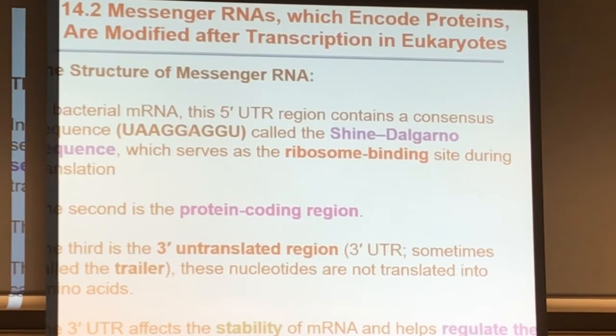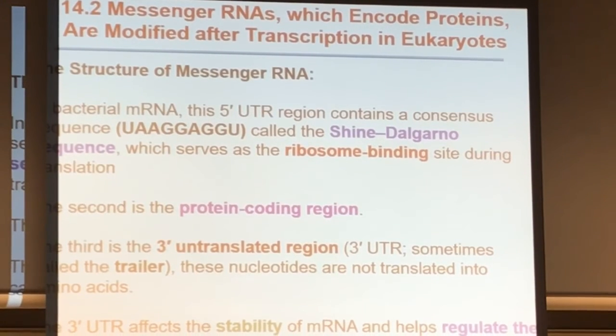It's called a consensus sequence because it's conserved from species to species. For example, in the previous chapter, when you look at the DNA sequence, the DNA has a promoter region. This promoter region has the TATA box and some other consensus sequences.